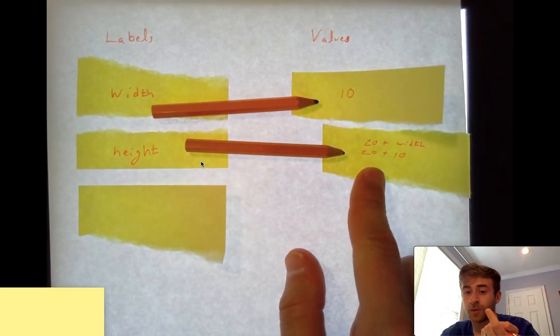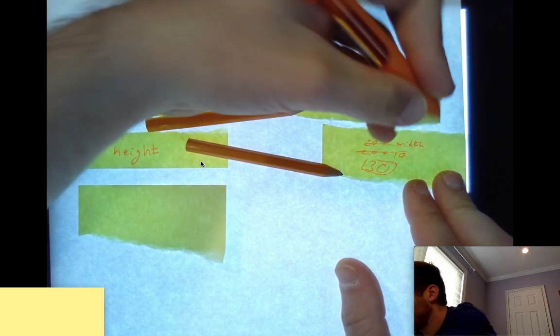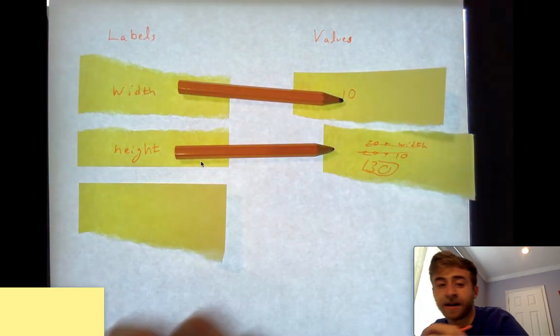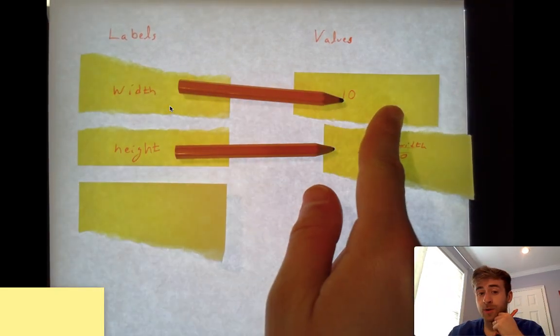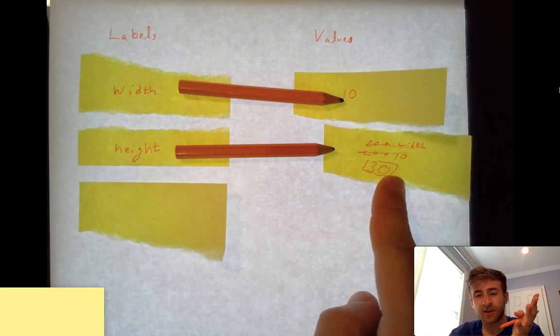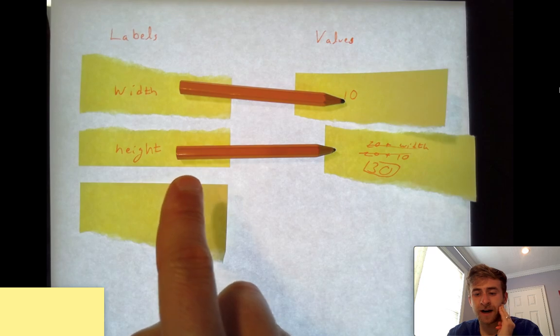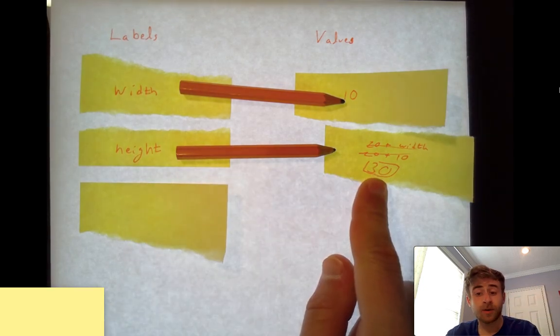And really, at the end of it, 20 plus 10 makes it 30. So at the end of things, I've got two variables, one named width, holding on to a value of 10, and one named height, who, after we did a little bit of calculation there, checking from previous variables in the program, ends up holding on to the value 30.